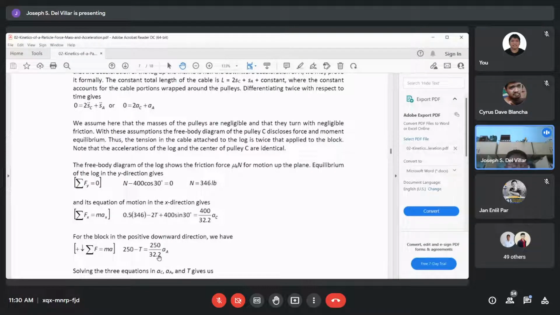Take note that we need to divide by 32.2, because the gravitational acceleration is 32.2. So you can see that in Fx there are two unknowns, the tension and the acceleration. And when we consider the block in the positive downward, there are also two unknowns, again tension and acceleration.